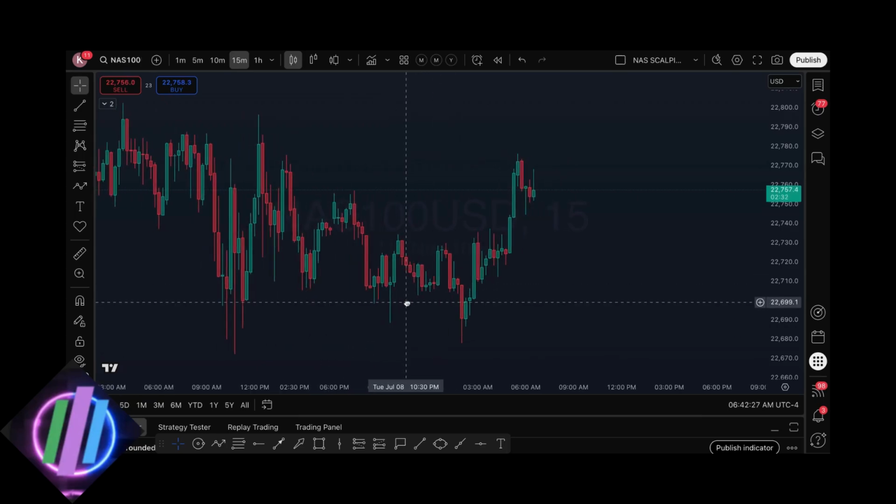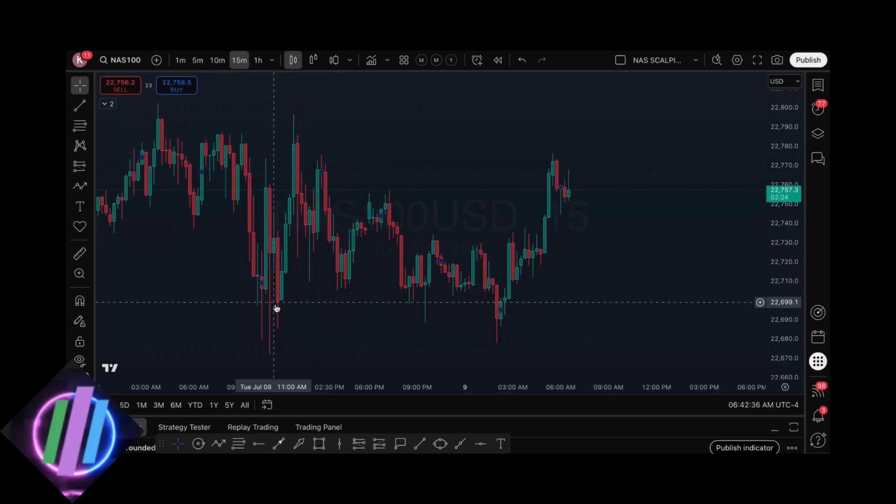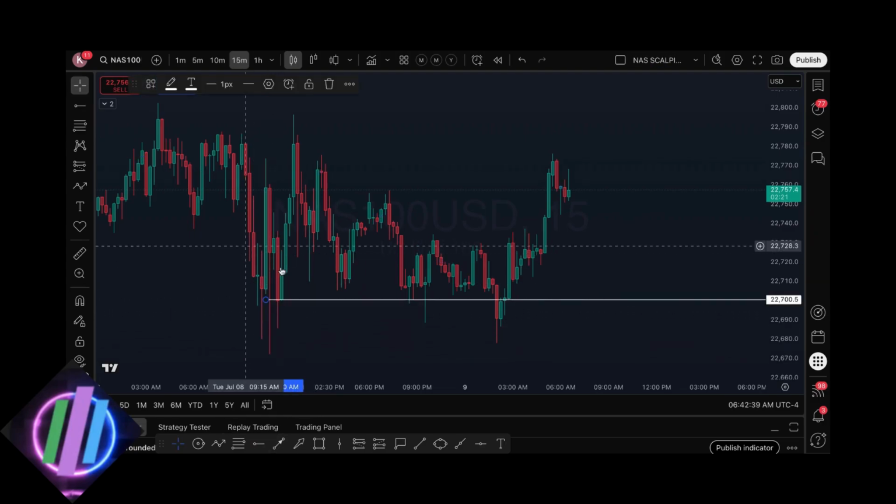So as you come back here, you can see that the market has been a little choppy. We have this low right here, way back here, and then this low wasn't broken again until right here.